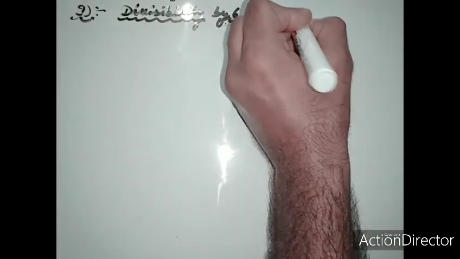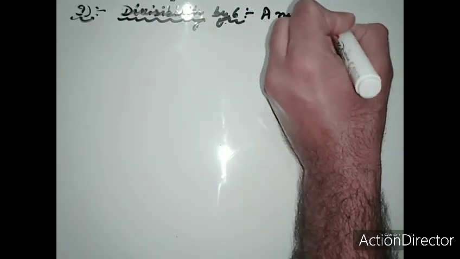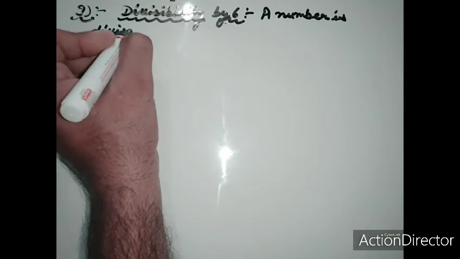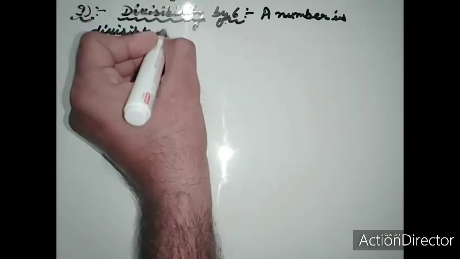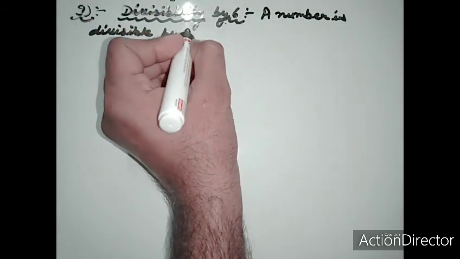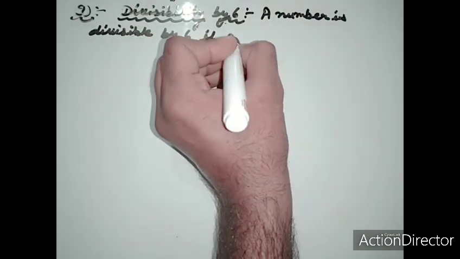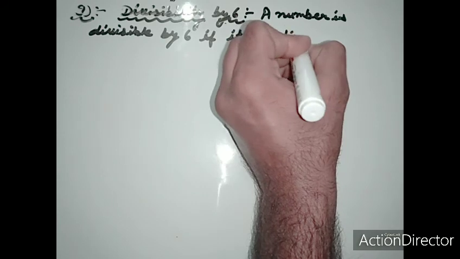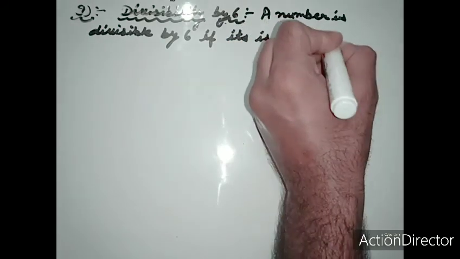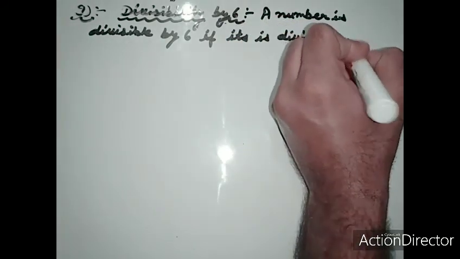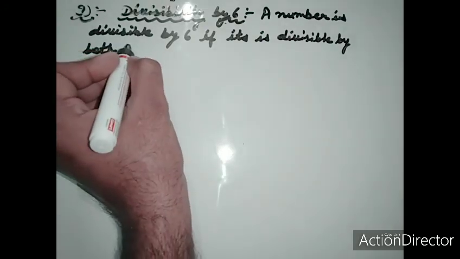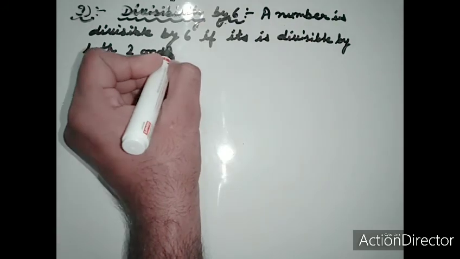So here we write a number is divisible by 6 if it is divisible by both 2 and 3.